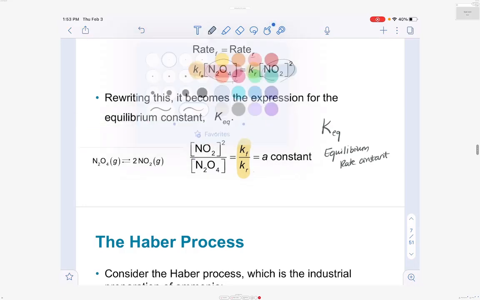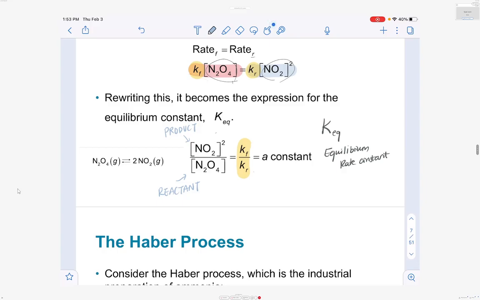As you can see, this is a concentration of product, and this is a concentration of reactant. So always make sure the numerator is the concentration of product and the denominator is the concentration of reactant.